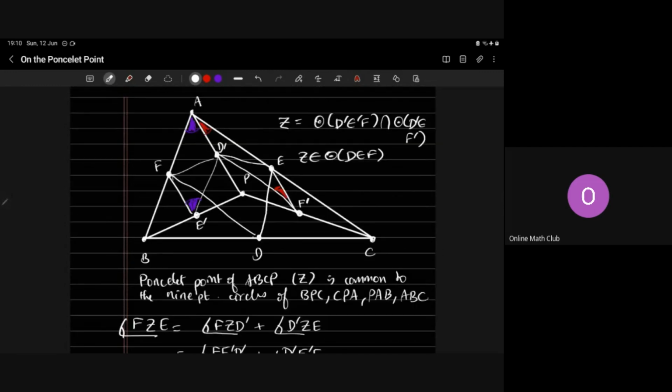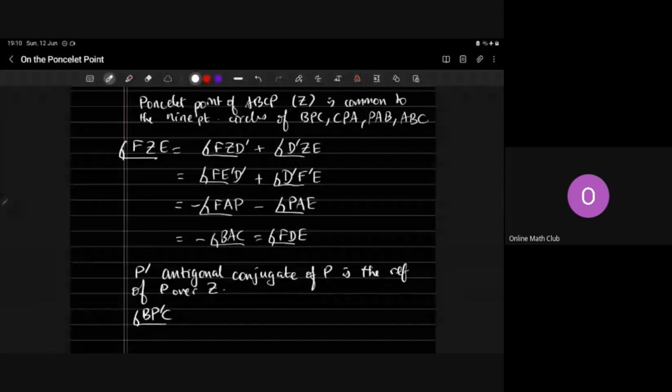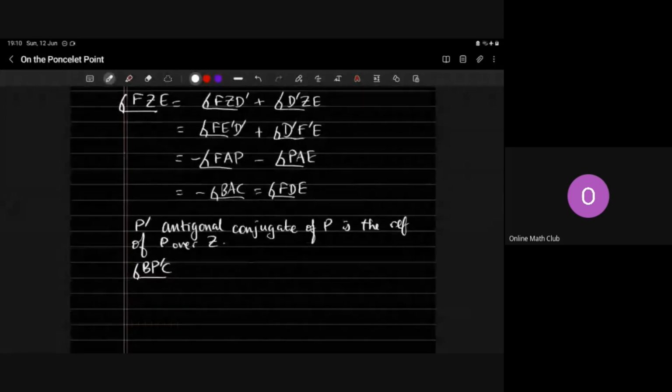Again, I'm using directed angles mod 180 everywhere.